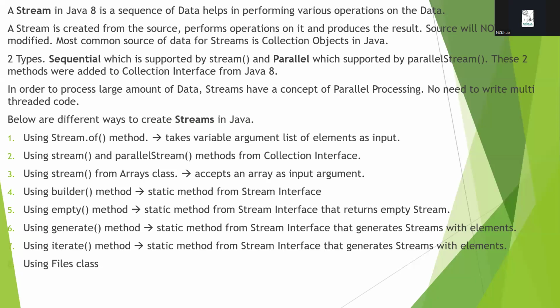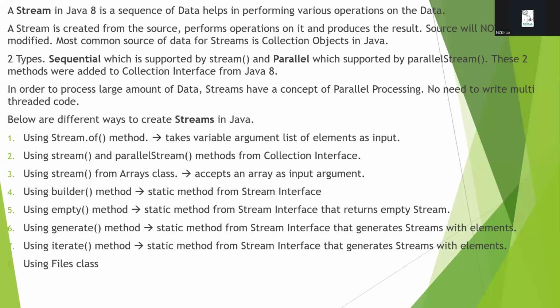Since most of the sources for creating streams in Java 8 will be collections, there are two new methods that were added to the collection interface from Java 8, nothing but stream and parallelStream. So collection.stream is used for creating a sequential stream, and collection.parallelStream is used for creating a parallel stream.